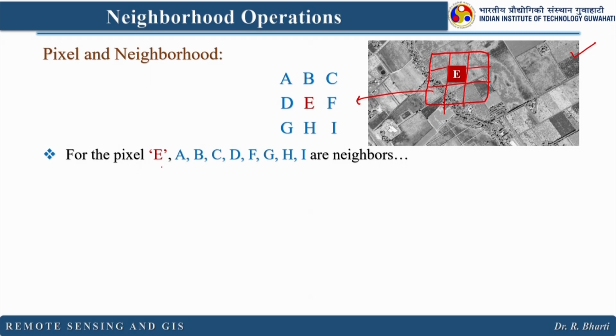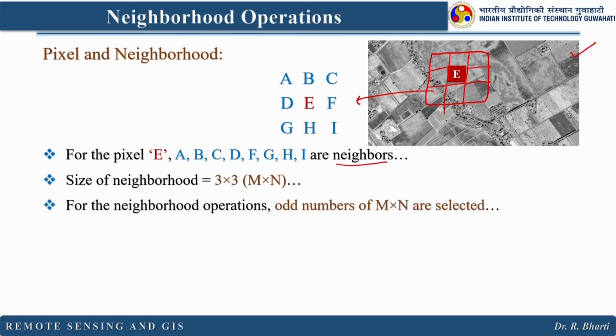So for the pixel E, A, B, C, D, F, G, H, I are neighbors, and the size of the neighborhood is 3 by 3. For the neighborhood operation, odd numbers of m into n are selected.